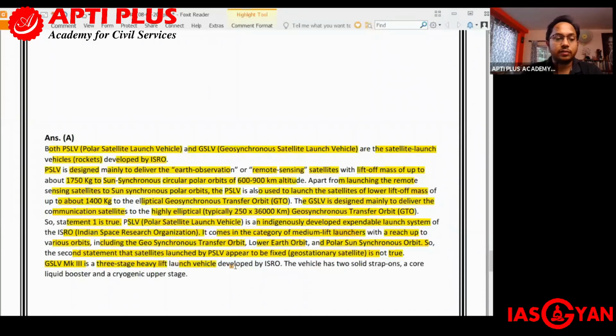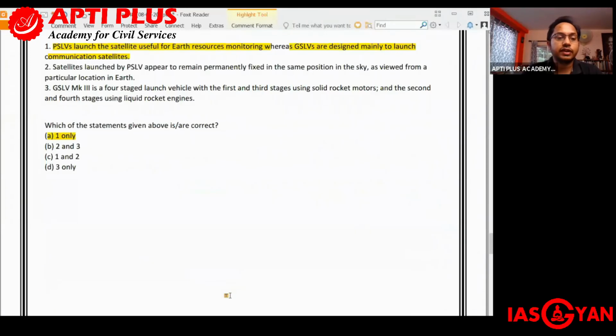It has been developed by ISRO. The vehicle has 2 solid strap-ons, a core liquid booster and a cryogenic upper stage.